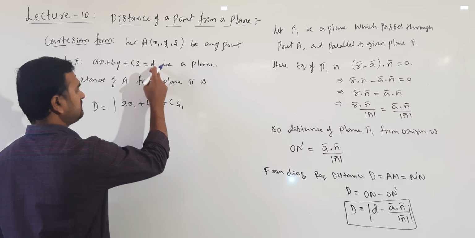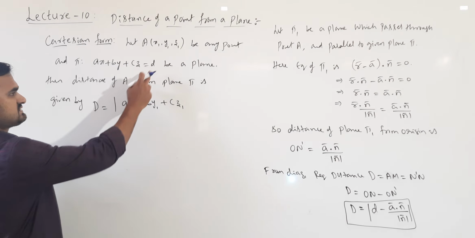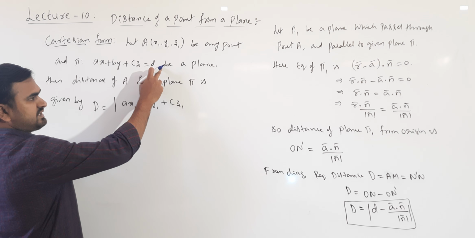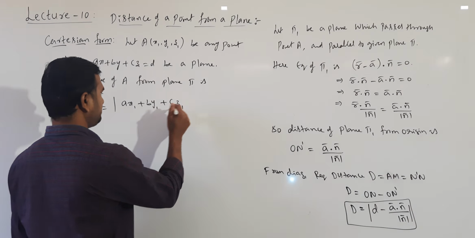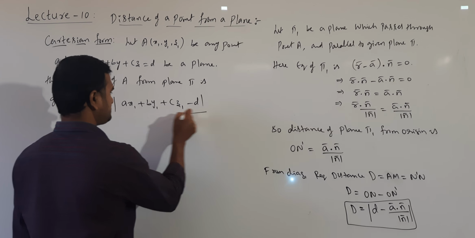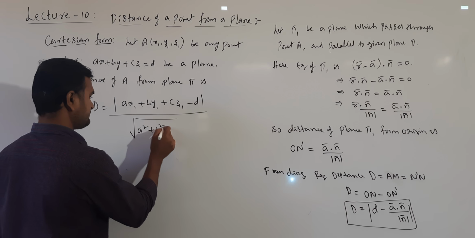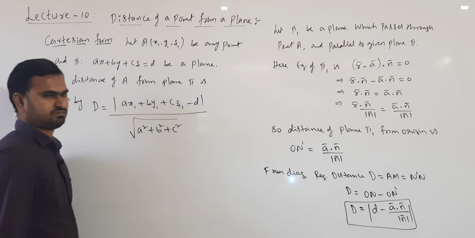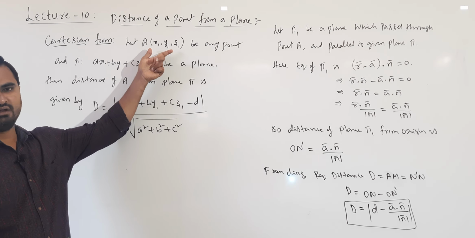You bring this constant to left hand side. So this plus d will become minus d. If it is minus here, left hand side will become plus. So ax1 plus by1 plus cz1 minus d divided by root of a square plus b square plus c square. So this is the distance of plane from the given point.